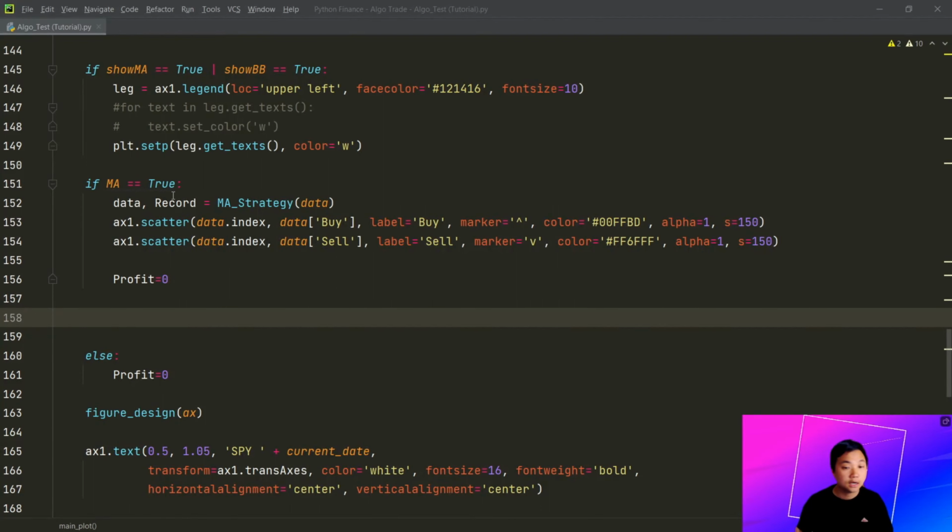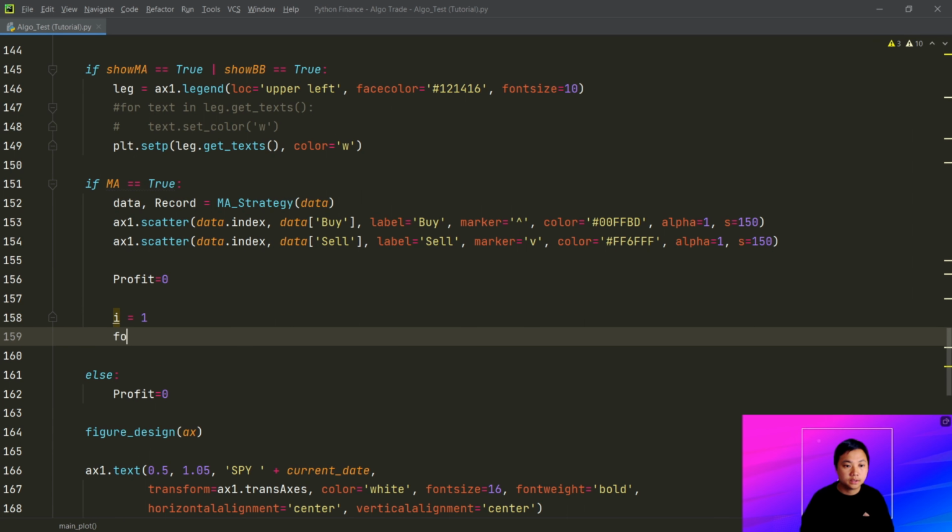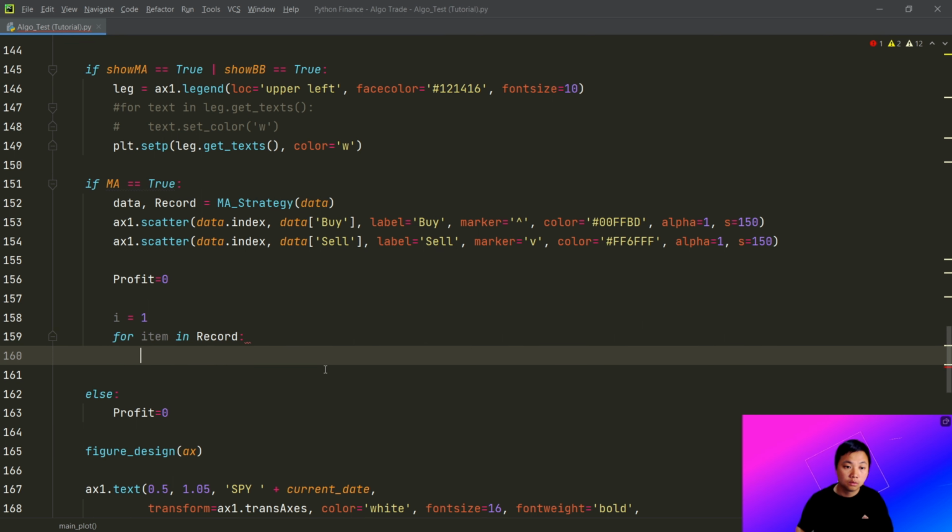And the next thing that I want to do is to show the record. I just set i equals to 1 here, and then print out all the records and show them on the right hand side of the chart.